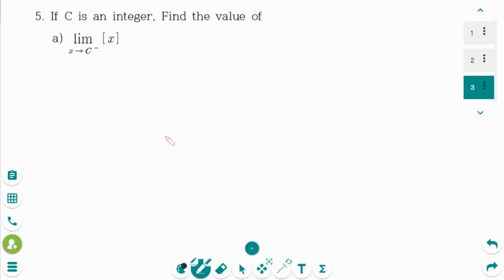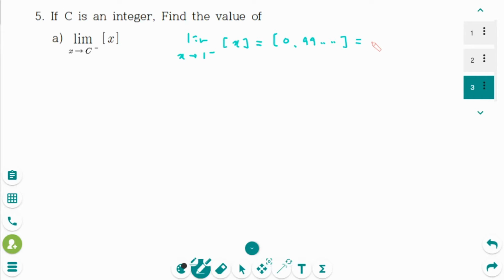This is the next one. For example, limit as x approaches 1 from the left, greatest integer function equals, as x approaches 1 from the left means x is not 1, actually it's less than 1. So 0.999999. Do you remember?